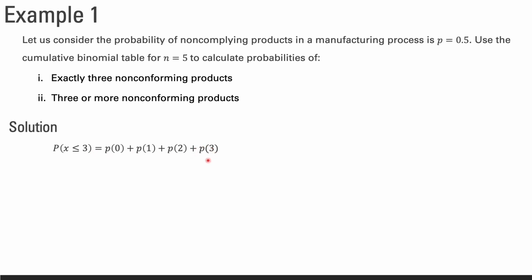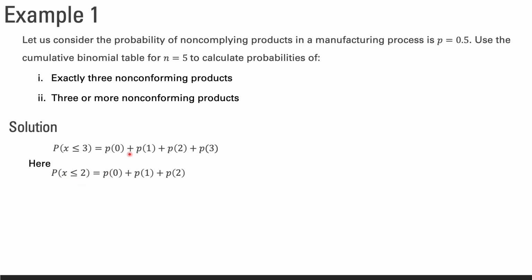Very simple mathematically. But these 3 can be represented like this: the probability of finding less than or equal to 2 is equal to the probability of finding 0 plus 1 plus the probability of finding 2. This is the accumulative probability for x less than or equal to 2.